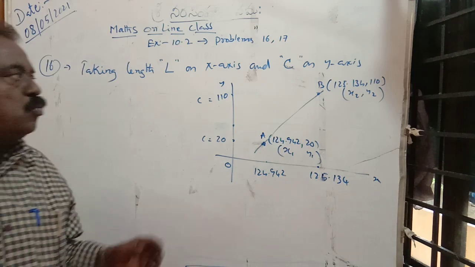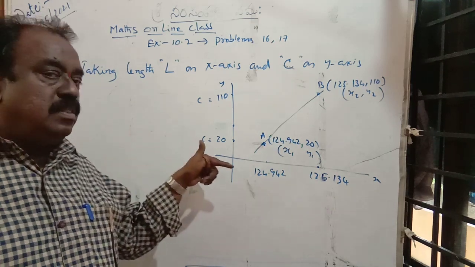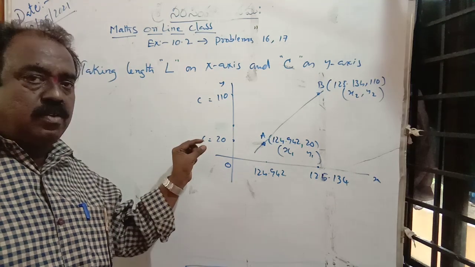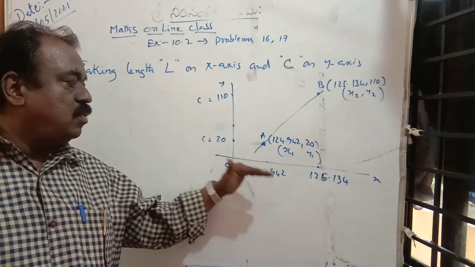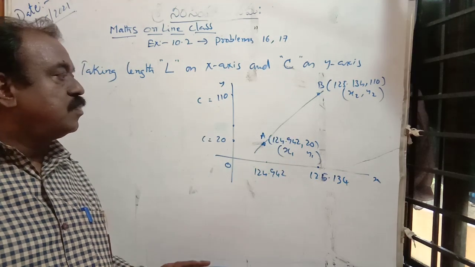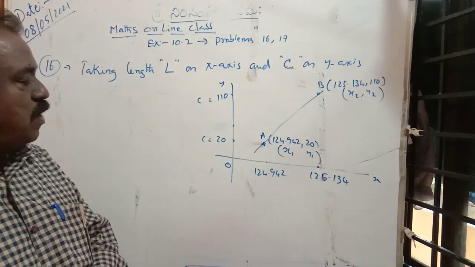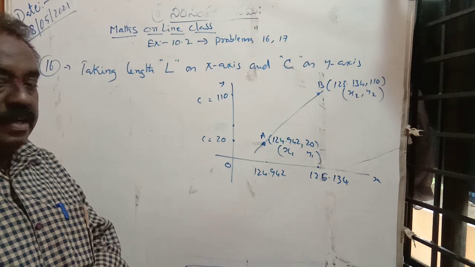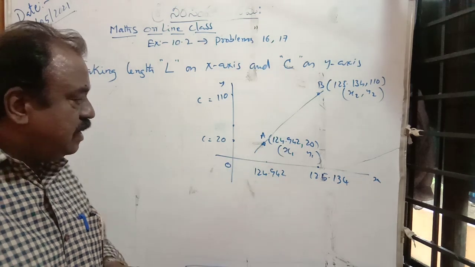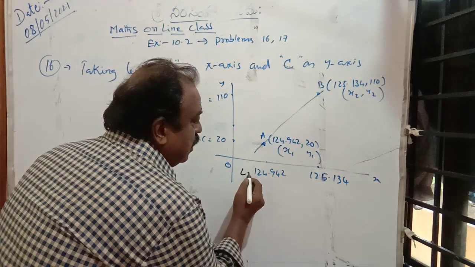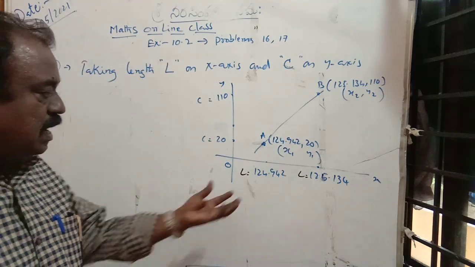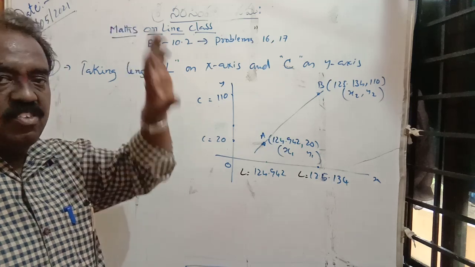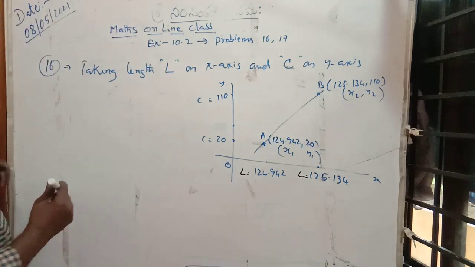In the problem we are given that the rod length is increased by heating from C 20 to 110, and its length goes from 124 to 125. And we have to find the length L in terms of C. That is what is asked.